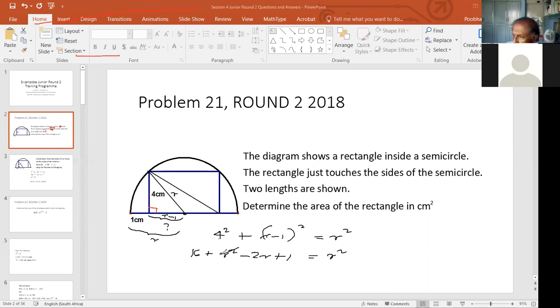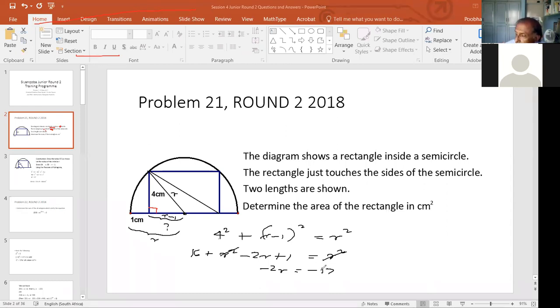You can see the r squareds will cancel off. And you bring all the r's to one side, and you get minus 2r is equal to minus 17. Right.